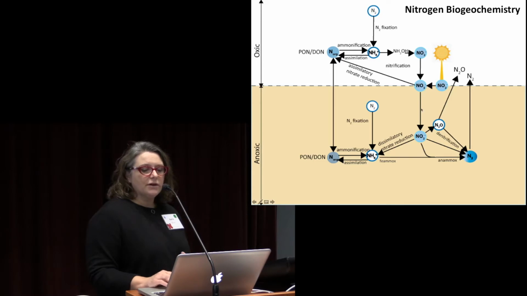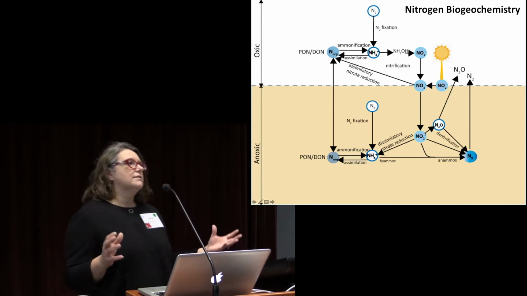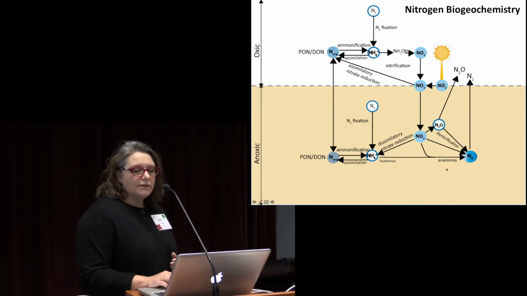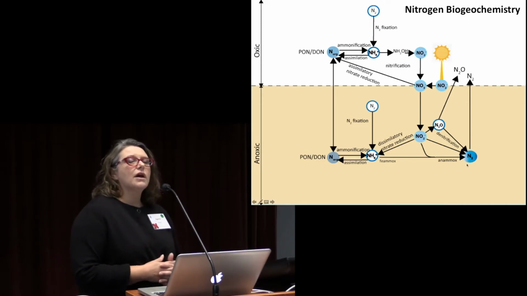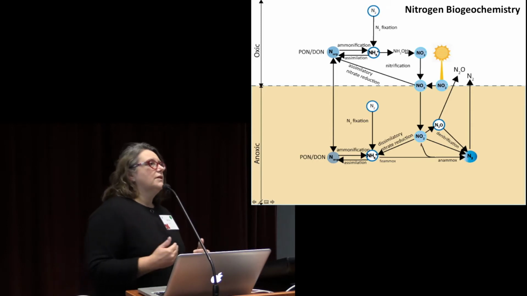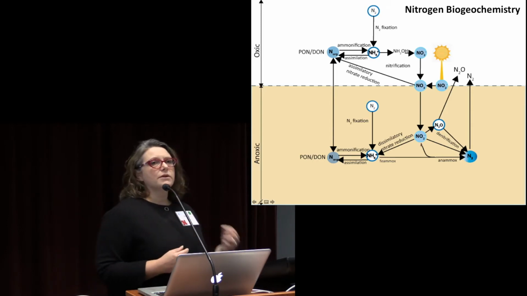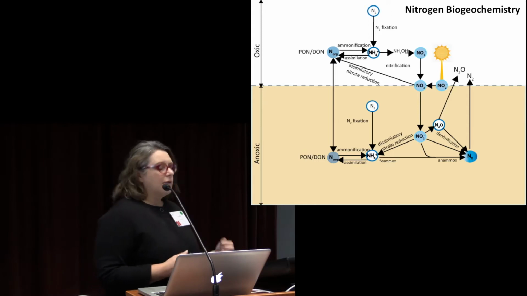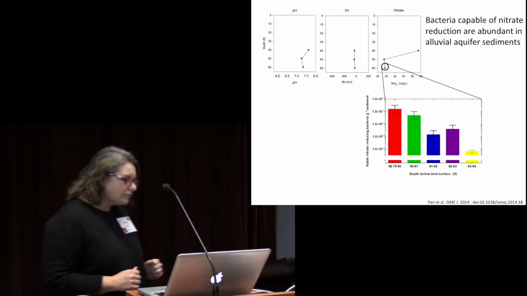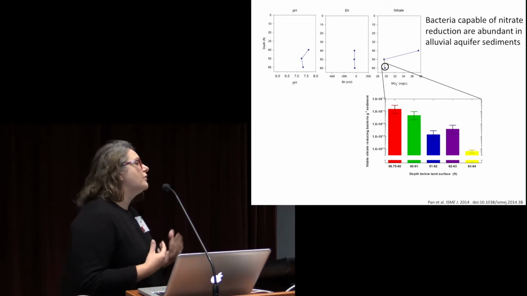But much of the nitrate reduction occurs in anoxic systems, environments devoid of oxygen, and this is where you get your denitrification reactions. What's important to remember is that through this denitrification reaction, there's always the production of nitrite, a reactive intermediate. And this becomes important.